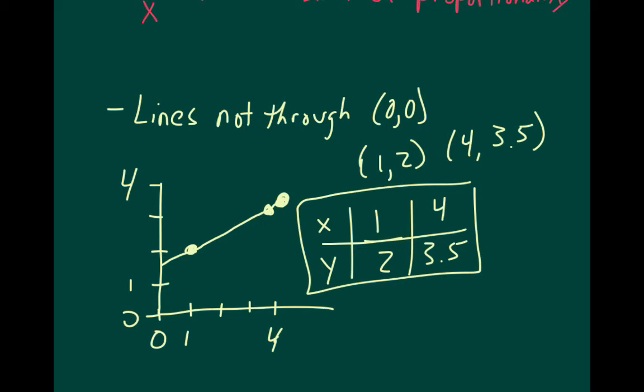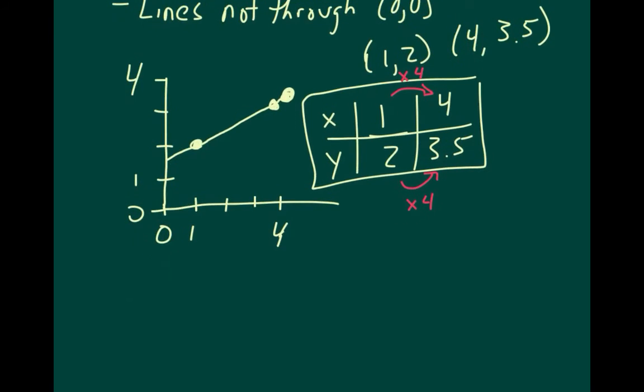So we could check and see, well, for the graph we're going to find out it's not a proportion, because if I were to take my 1, to get from my 1 to my 4, I'd have to multiply by 4. So if it's a proportion, I'd have to do the same thing in the denominator, and 2 times 4 is 8. It's not 3.5. It's nowhere close to 3.5.